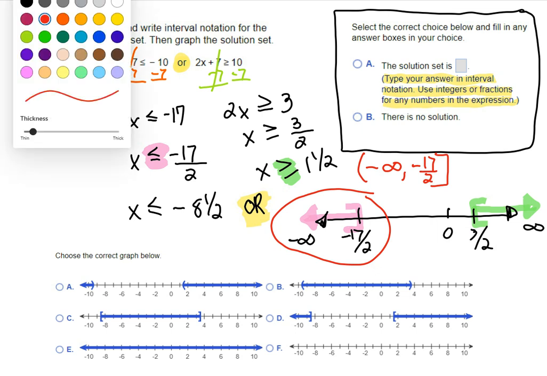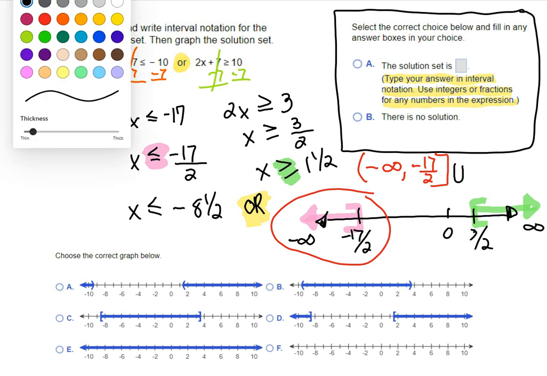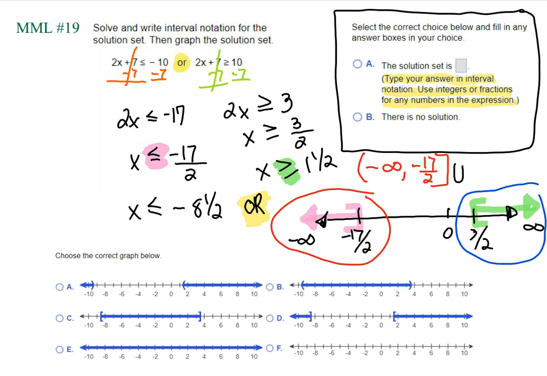And then there's going to be a second interval, so you're going to connect the intervals with a union symbol. And then the other one, which is this one here, it starts at 3 halves, comma, and goes to infinity. I mean, it's right there, 3 halves to infinity.